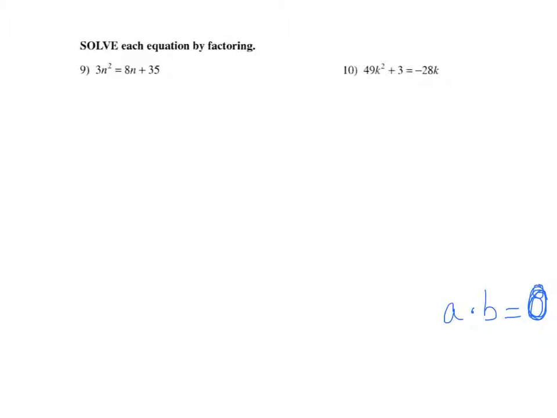All right, so let's look at number 9. I'm going to take this 3n squared, bring the 8n over by subtracting it, and bring the 35 over by subtracting it, so that it equals 0. Okay, so now we're going to do our factoring. Let's set up our parentheses. You've got 3n and n. Factors of 35: remember, it's going to get multiplied by that 3, so you have to think through that a little.